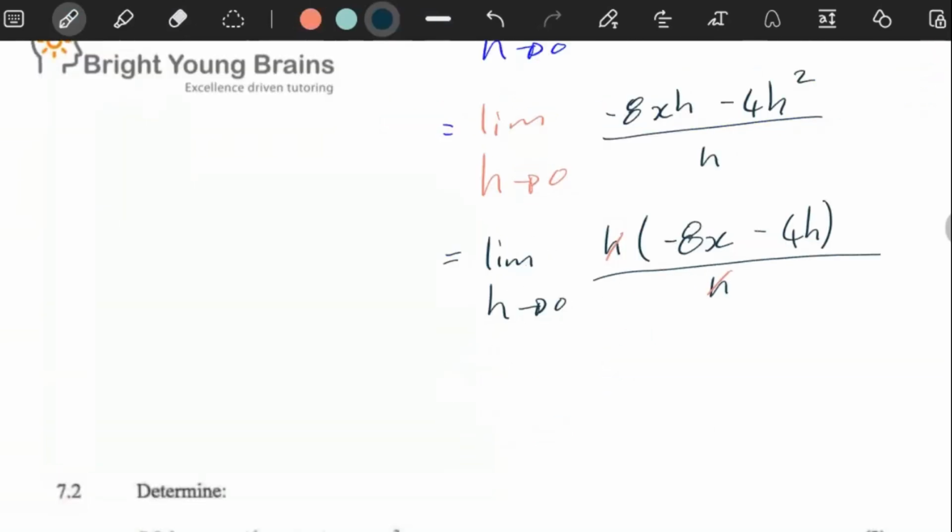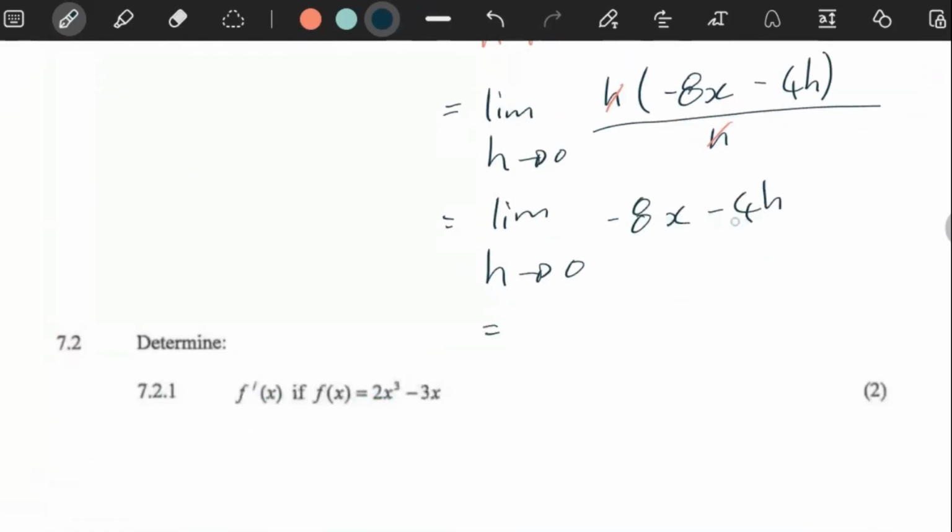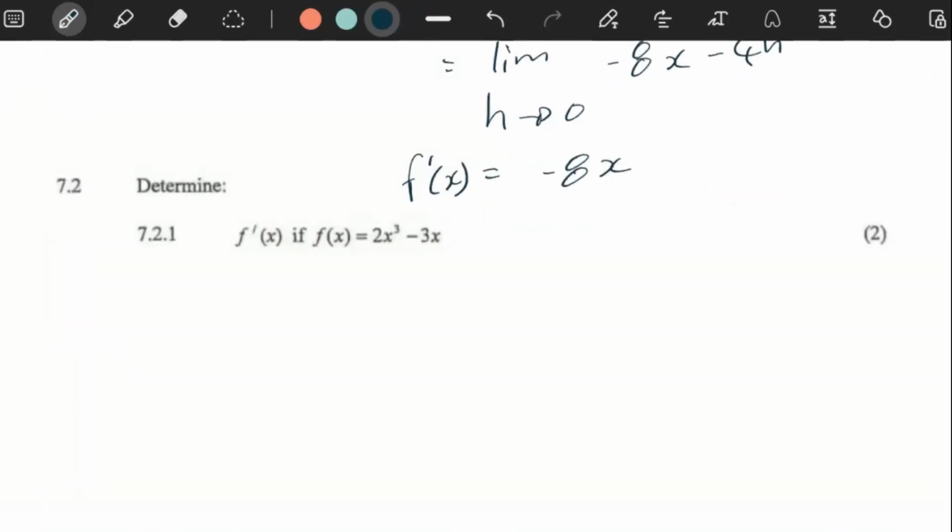Then you have the limit as h goes to 0 of negative 8x minus 4h. Then you can throw in 0 for h. So f prime here is just going to be equal to negative 8x. And then you're done. Pretty straightforward. Very long, a bit annoying, but it's 3 marks.